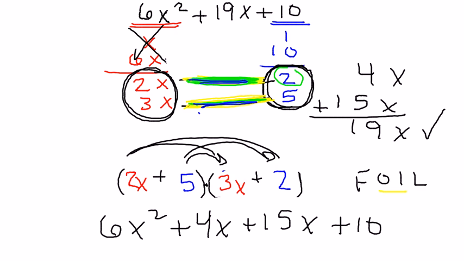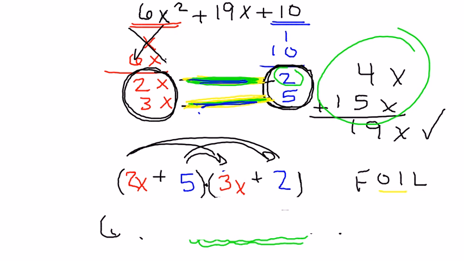And you can see that after I've multiplied and gotten my 4 products, 2 of them are like terms that would combine to be my 19x. Those should look pretty familiar numbers because I had already figured them out up here. I was anticipating that I needed to get products from foiling that would add up to make the 19. So we've done it. We've confirmed that I did it right, and your answer is simply those two binomials.